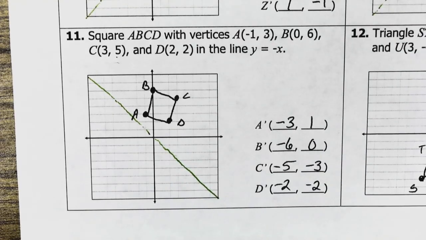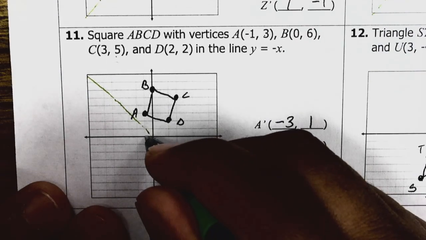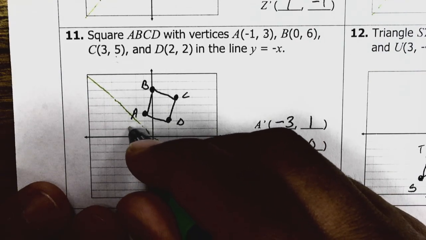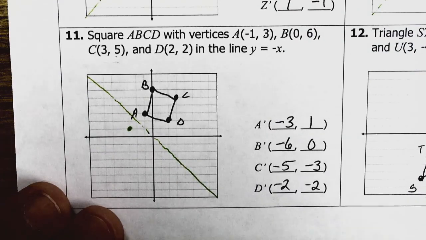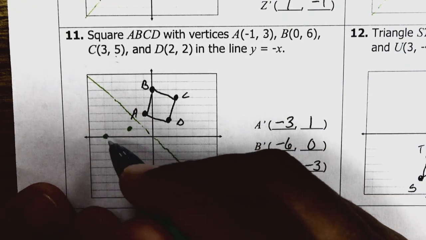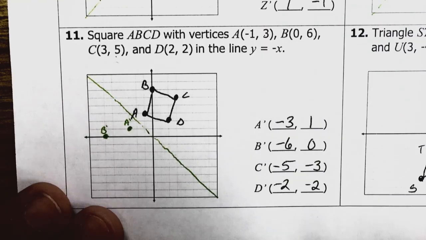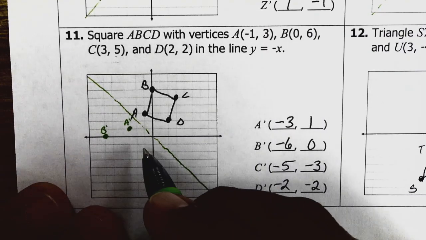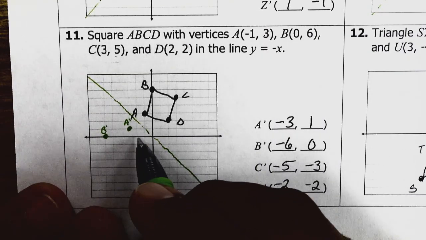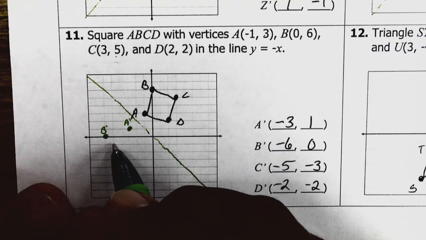And then once you're done, all we have to do is now just plot those points. So -3, 1, 2, 3, 1. So there's A. -6, 0. There's B. This is A, this is B primes. C is -5, 1, 2, 3, 4, 5. -3, 1, 2, 3.